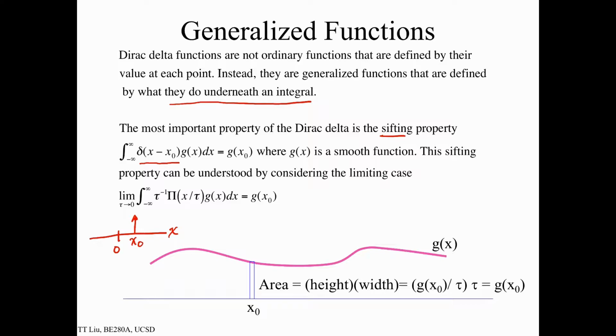And what it says is if I take that function, delta x minus x0, and I multiply it by some function g of x, and then I integrate this product, then what I'm going to get out, the integral of the product, is exactly g of x0. So it allows me to sift out or pull out the value of the function g of x at exactly x0.